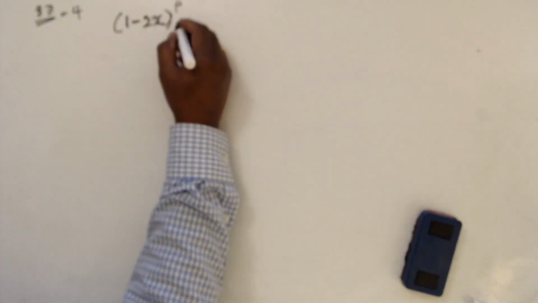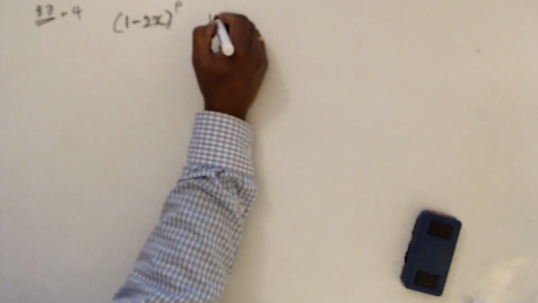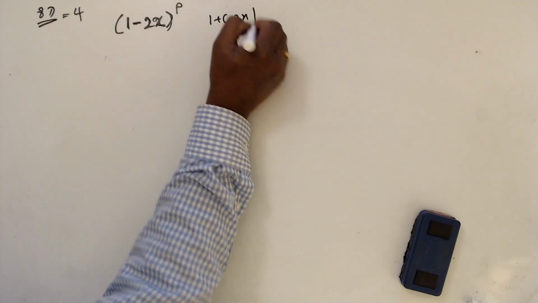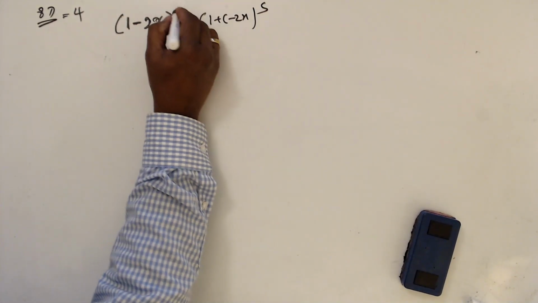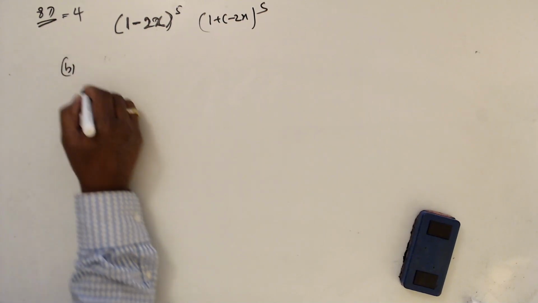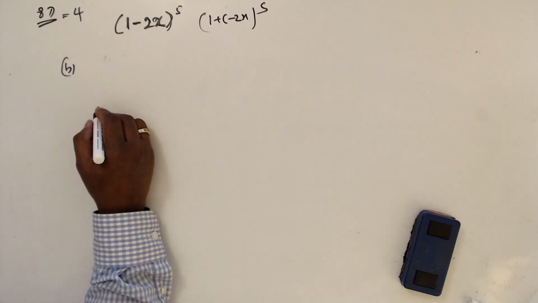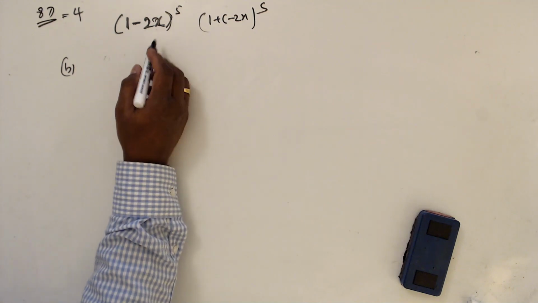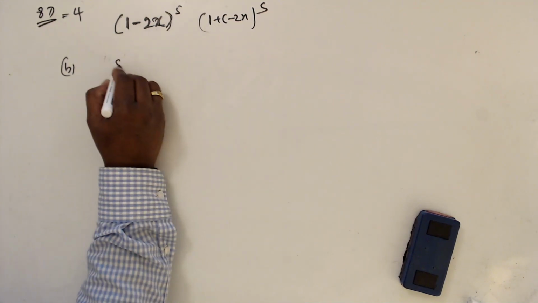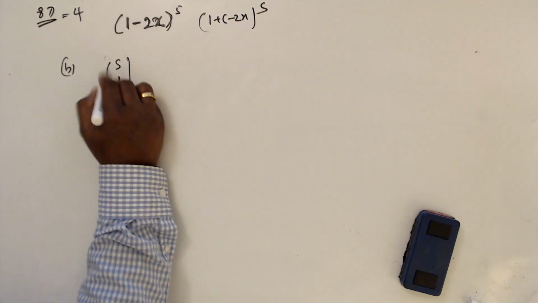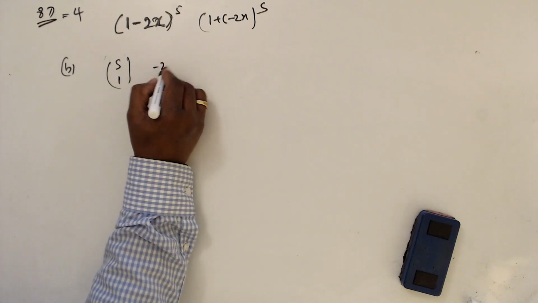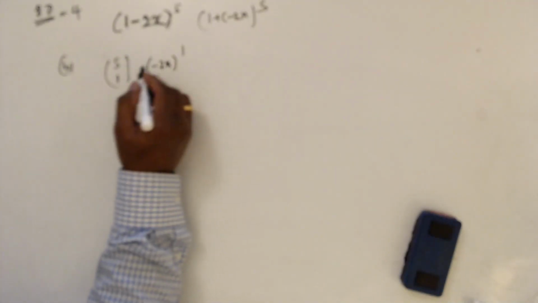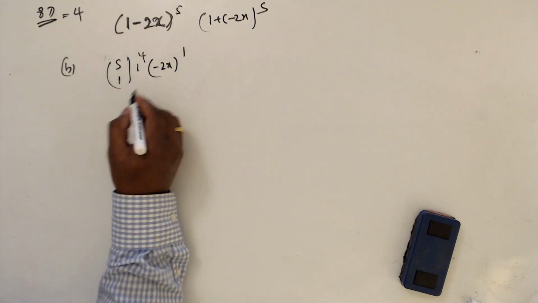Now we know p is 5. So it is (1 plus minus 2x) to the power 5. Question B, the value of the constant p, we are done. Now, coefficient of x. The coefficient of x will come from 5C1 times minus 2x times 1 to the power 4.